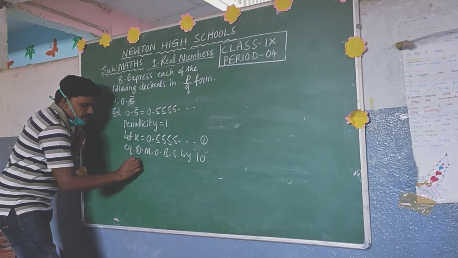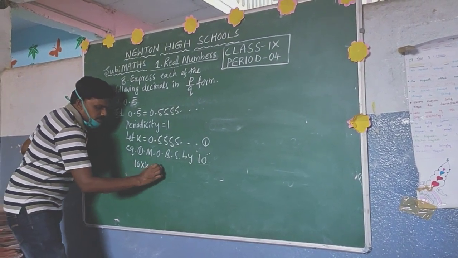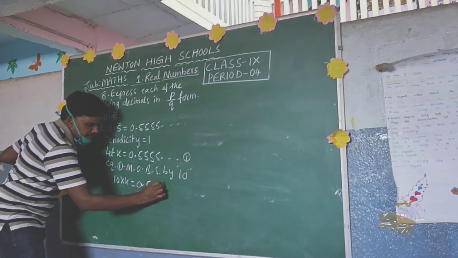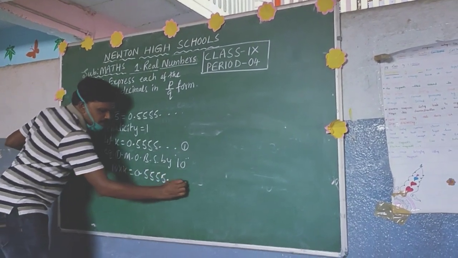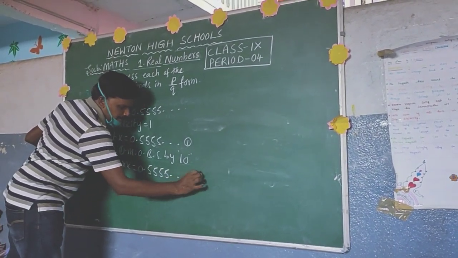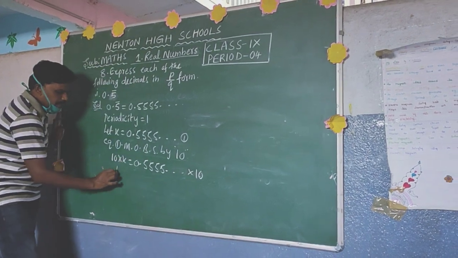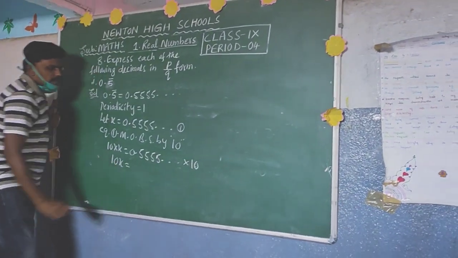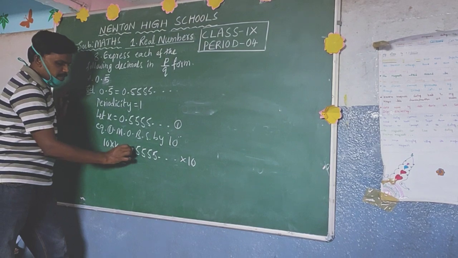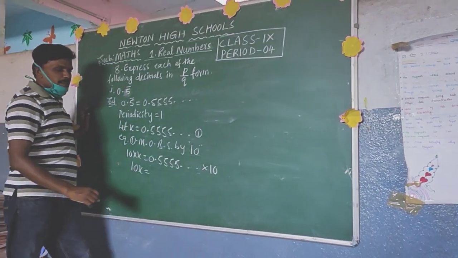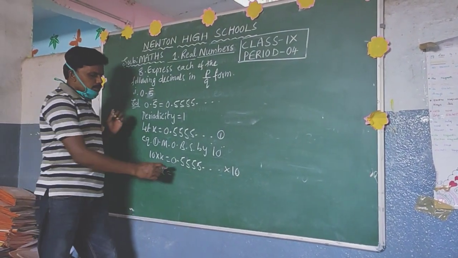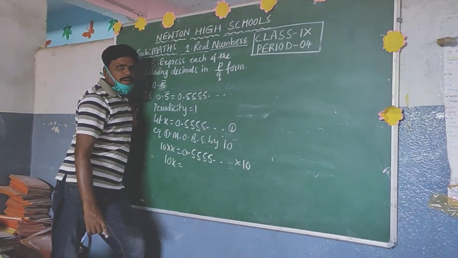So on the left side, 10 into x is 10x, and on the right side, 0.555 and so on into 10. We already learned about multiplying decimal numbers with 10 or multiples of 10.